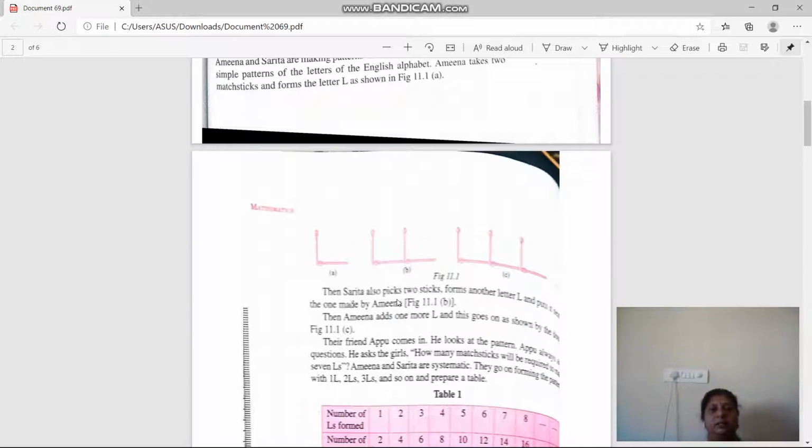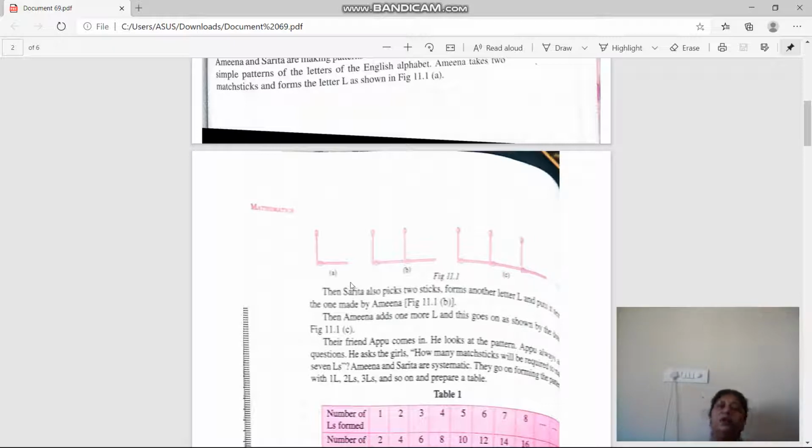Then Sarita also picks two sticks and forms another letter. That means this is the first letter L and this is the second letter L. That is, two L's are formed. And the third one is made by Amina, and so on. So these are the three L's.